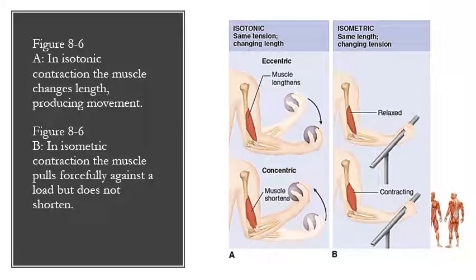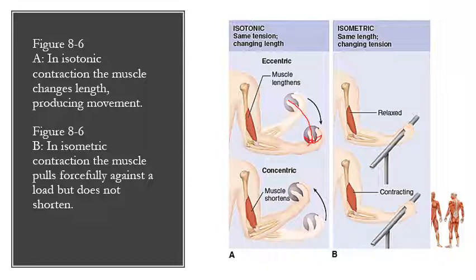Look real close at the pictures on your left-hand side. Look at isotonic contractions. Well, you have eccentric contraction. That is where the movement is going from here to here.